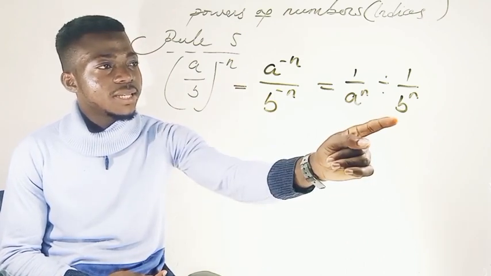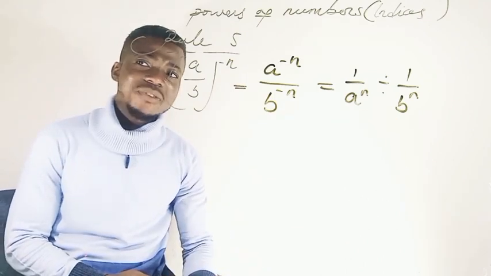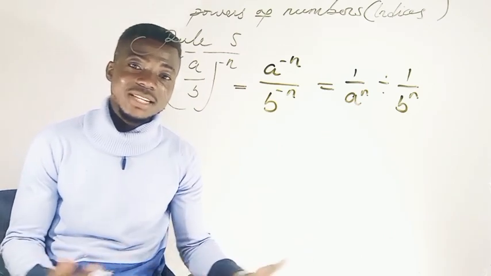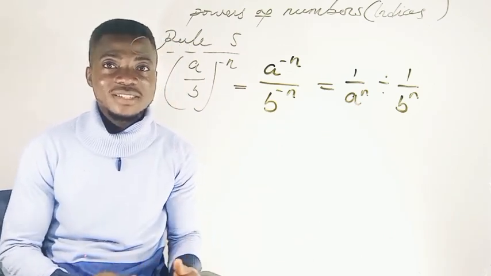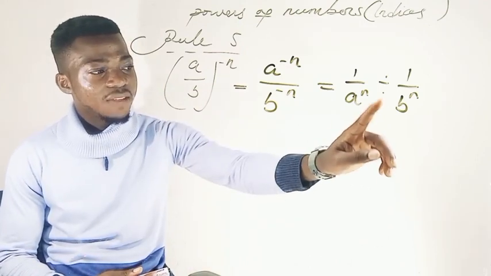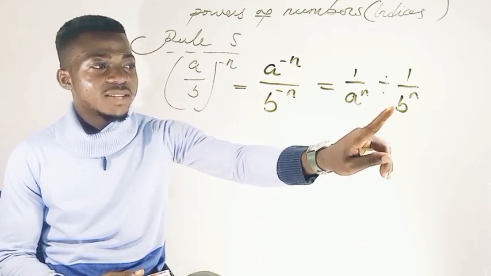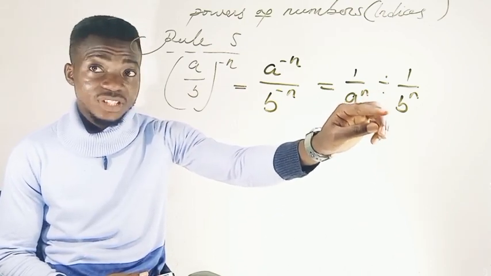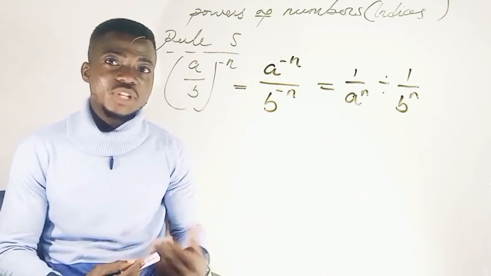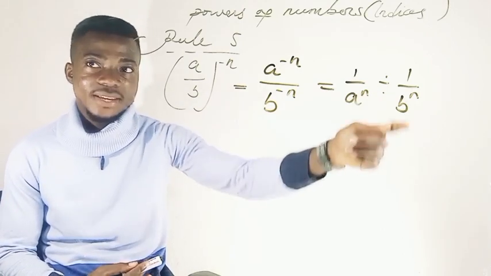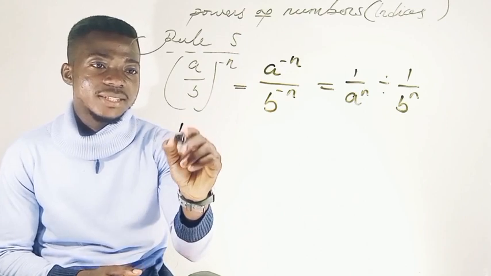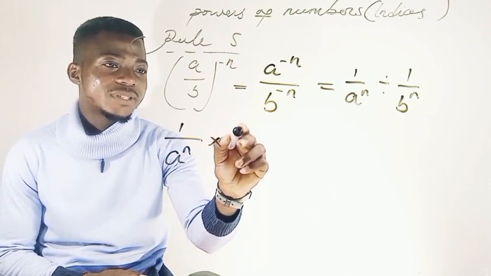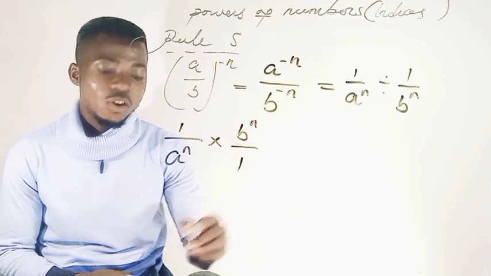Great. So now this one, with the elementary fractions, in elementary school, we did fractions, dividing fractions, multiplying fractions, and all of that. Because they're dividing, if we want to change the sign from division to multiplication, what you have to do is turn this one upside down. So that is going to be 1 over a exponent n times b exponent n all over 1.